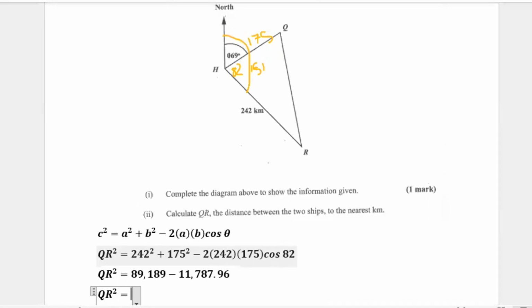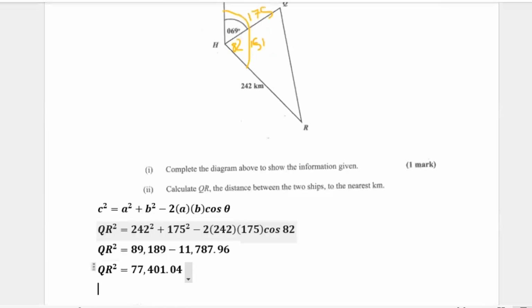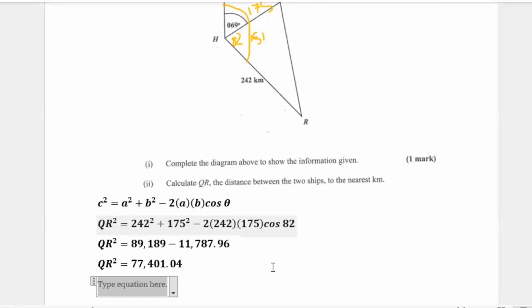So you do that subtraction. Very good. So 77,401.04. Now, the next thing that we're going to do, remember, we're just trying to find the length by itself.